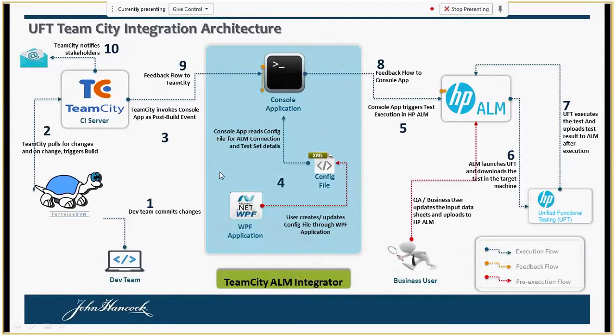For the live pricing project, once after check-in, there is an integrator which was created by a QA team, which bridges between TeamCity and HPALM, and it triggers the automation suite, and it ensures that all the functional flow gets validated, and then it sends a response to HPALM, and then it is passed back to TeamCity to ensure that the build has succeeded.